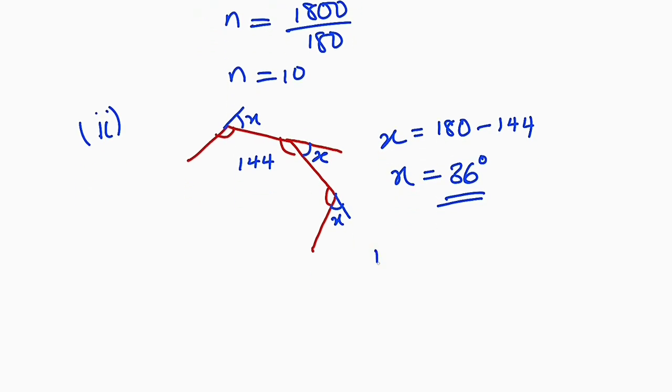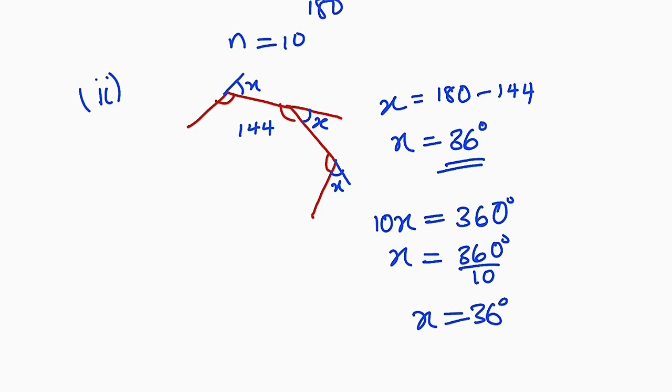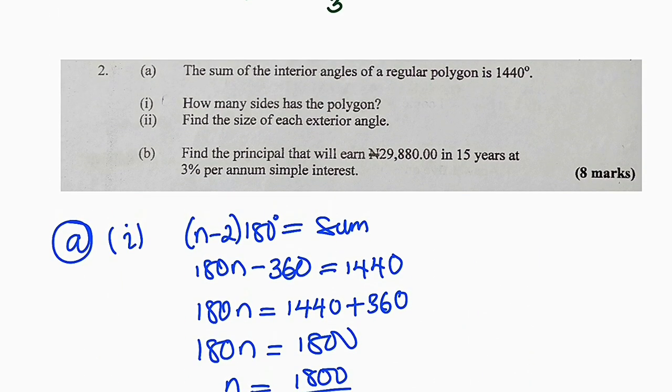So since we have 10 x's equal to 360, x can be 360 divided by 10. So x equal to 36 degrees. So in either way, you have to find this 36 degrees. So the exterior angle, each exterior angle measured 36 degrees, and the number of sides are 10.